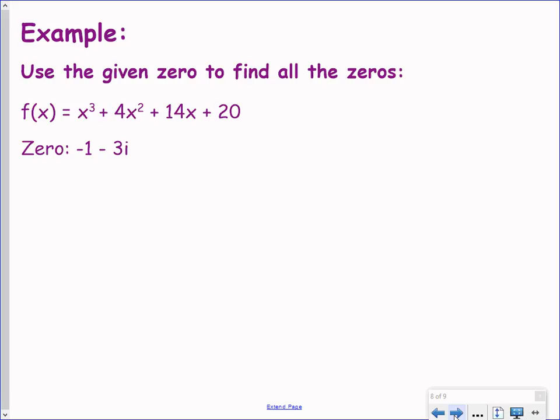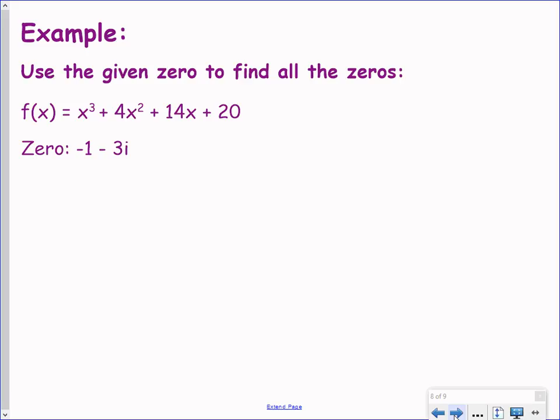This is where maybe we've changed things up from Algebra 2. So you probably didn't solve anything like this in Algebra 2. If I gave you a 0 to help you find all the zeros, it probably would have been a real 0. This time I'm giving you an imaginary 0.